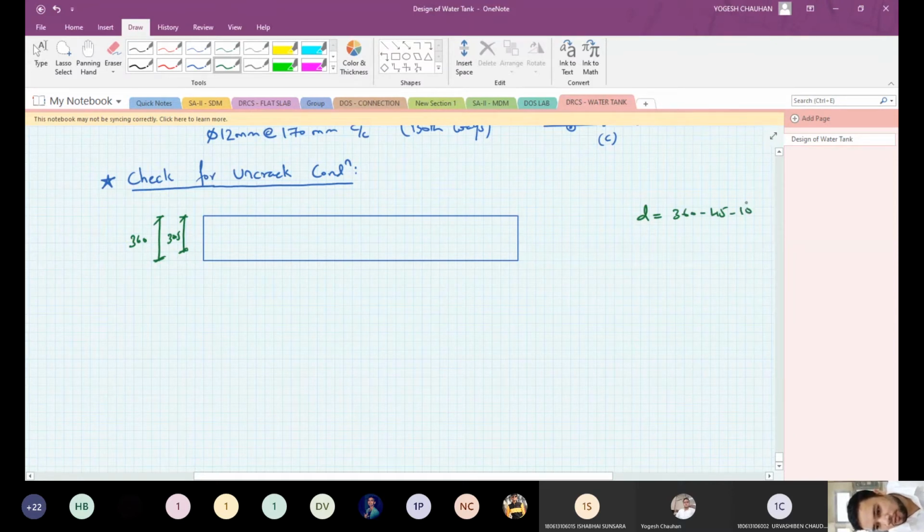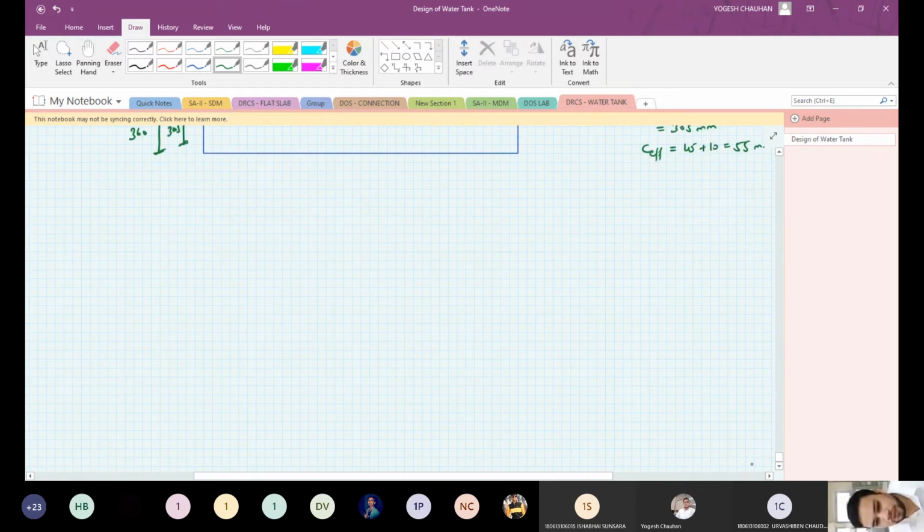Instead of 10, this will now be 8. But this 2 mm we are not changing, so our effective depth will be 305 mm only, as earlier. So the effective cover C is actually 45 plus 10, that is 55 mm. We are not changing this effective cover because only a 2 mm difference is there.